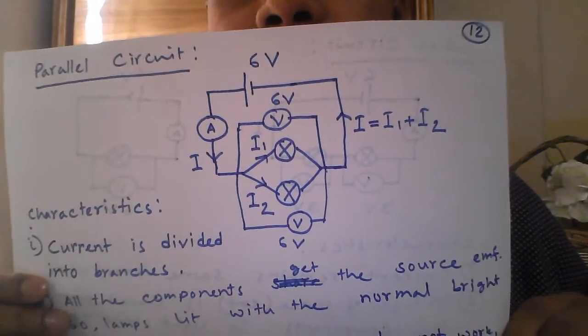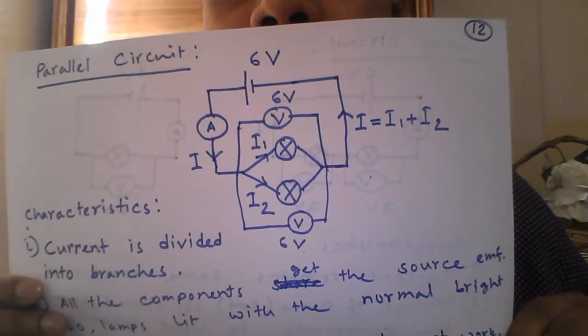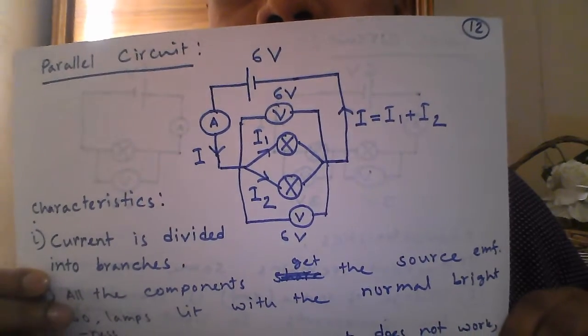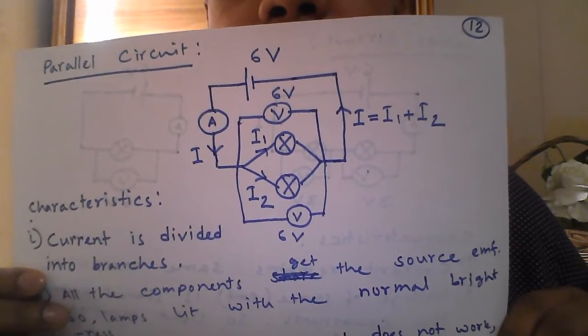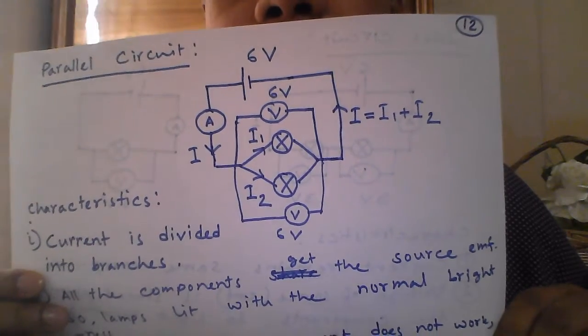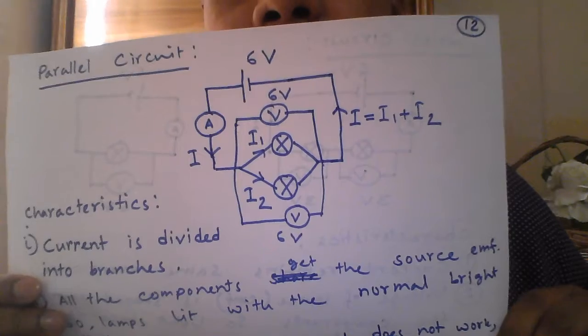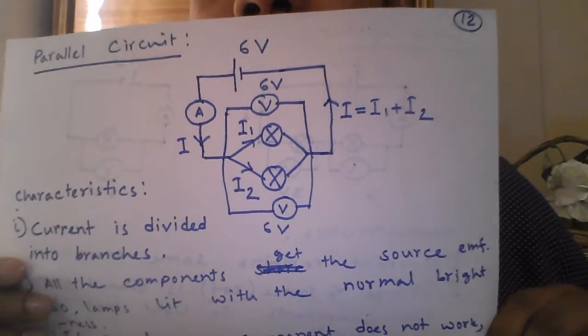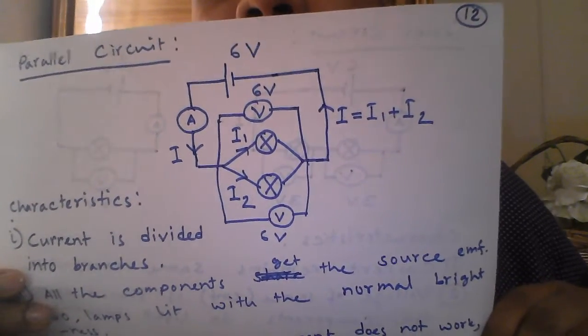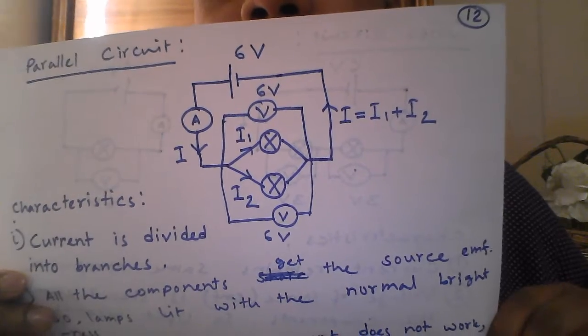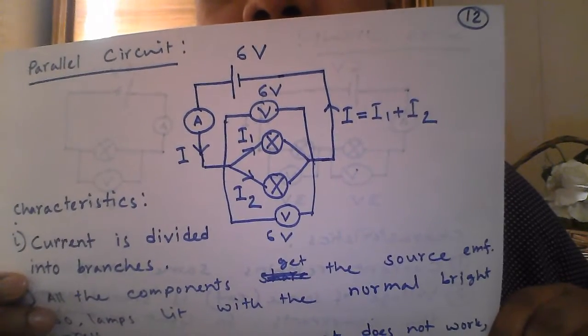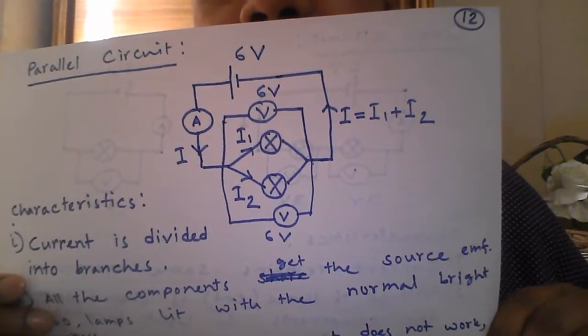The upper one we got current I1, the lower one we got current I2, and when these two currents cross the lamps, they join again and make the current I again.